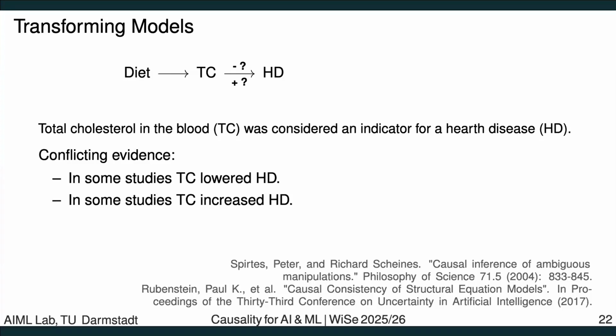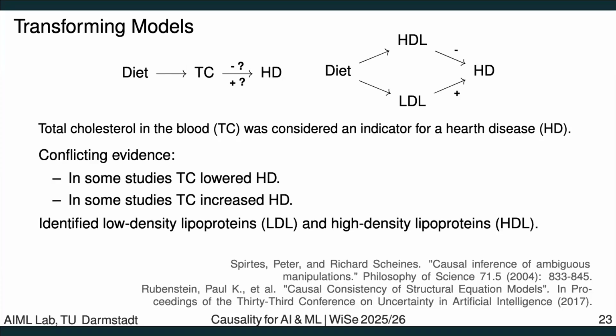And we take this model and we get conflicting evidence. Some studies in the past showed, okay, the total level of cholesterol lowered the chance of heart diseases. And some other studies showed that it increased the probability of a heart disease. So what do we make of that?